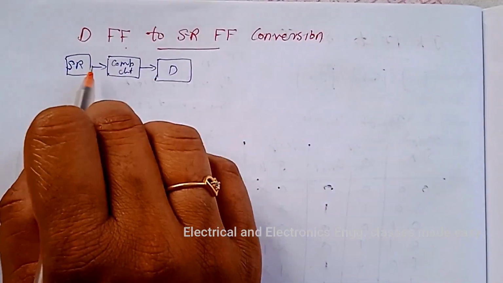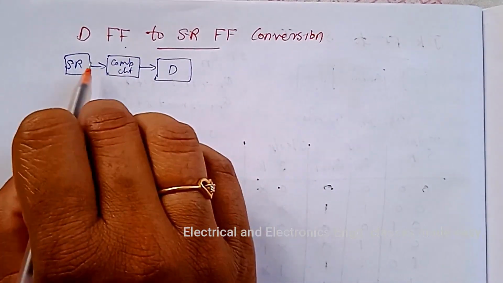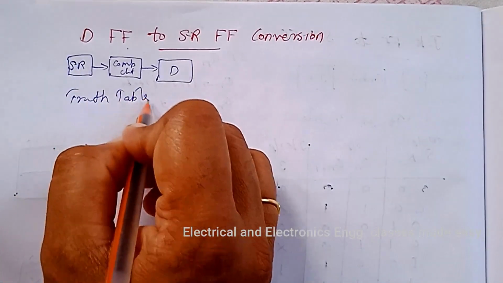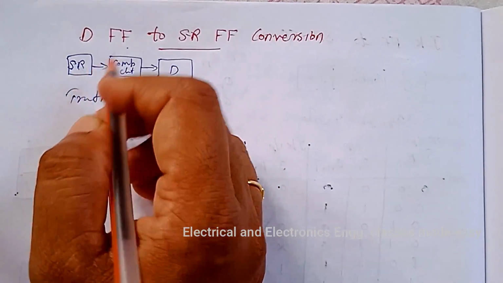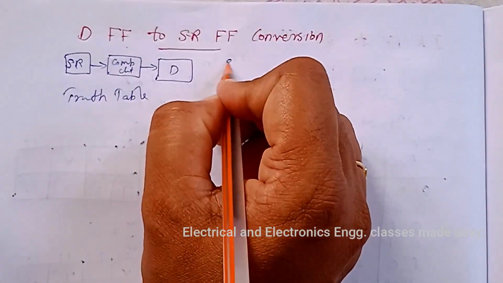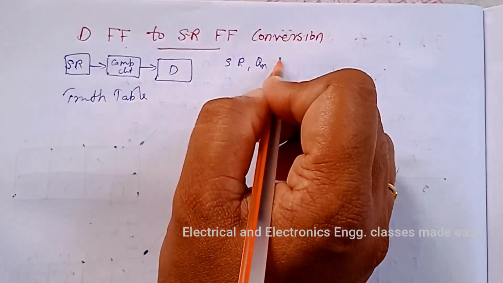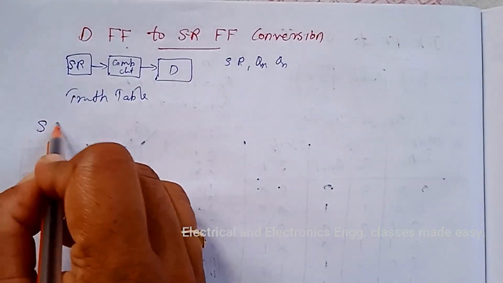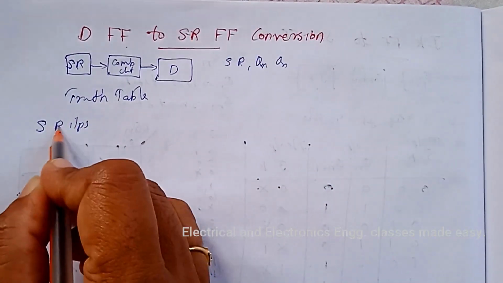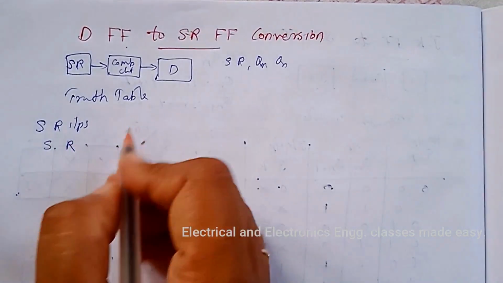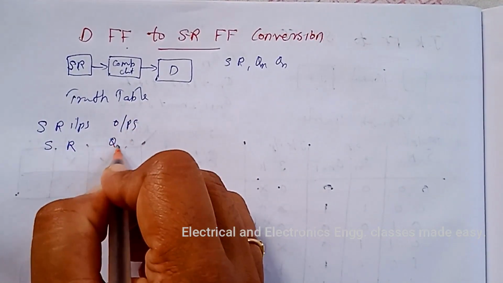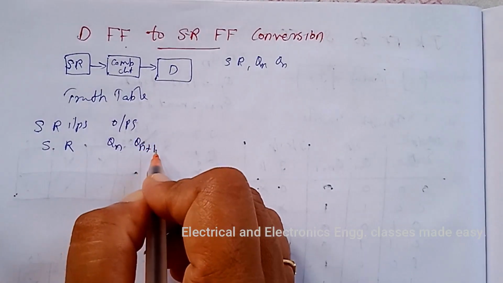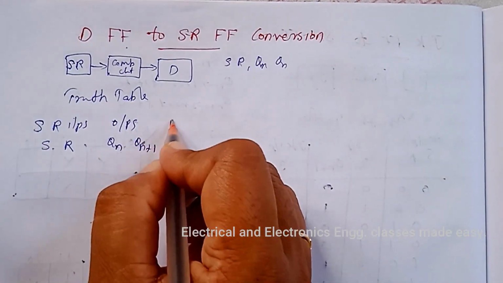So we have to write the truth table with inputs SR, then Qn, Qn plus 1 and D. So SR inputs, then outputs are Qn, where Qn is the present state and Qn plus 1 is the next state to be obtained, then D input.